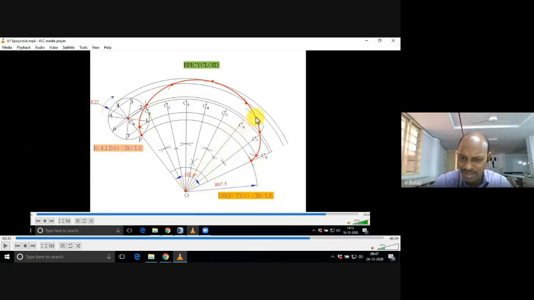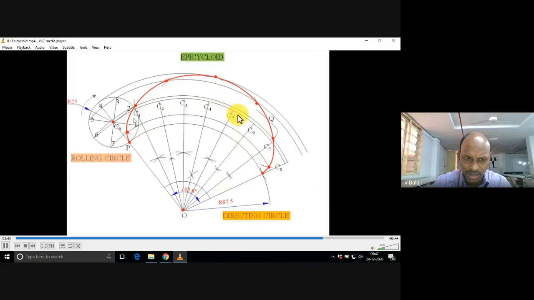Yes, sir. Thereafter, at that point Q, set your compass with center Q and radius 25. Cut the center arc passing through C1, C2, C3. Draw one more arc on the center arc somewhere here.